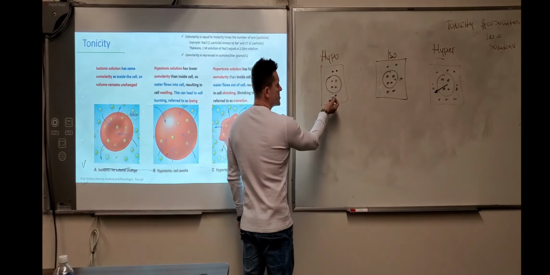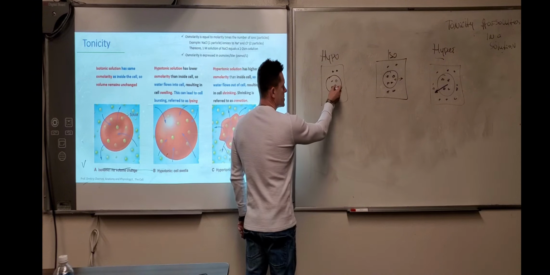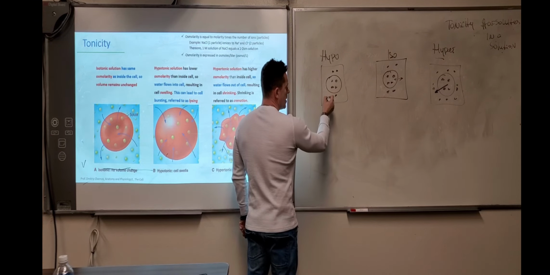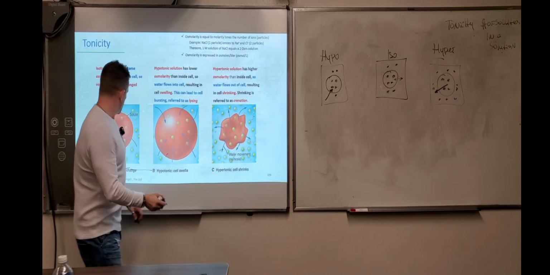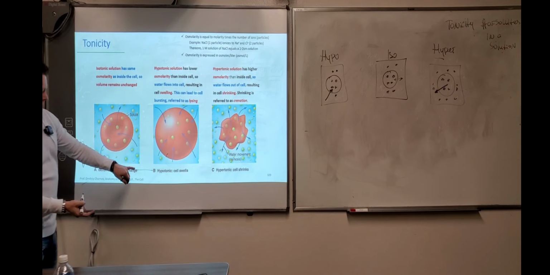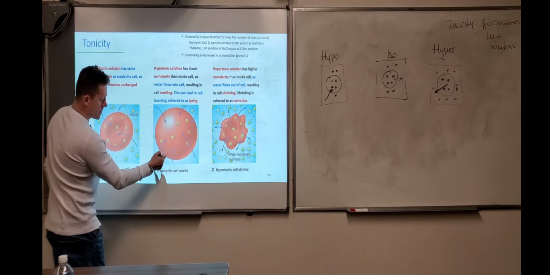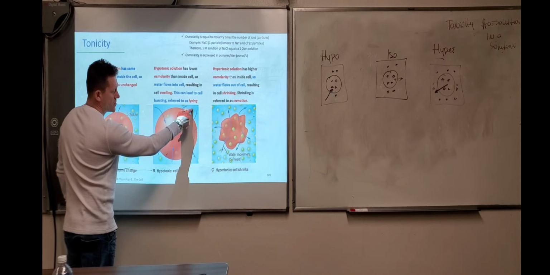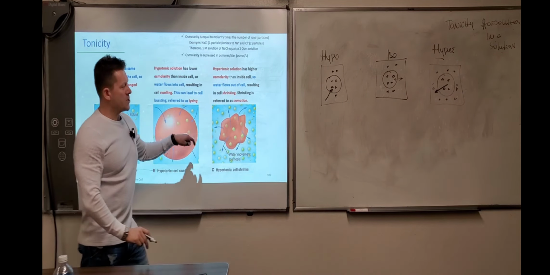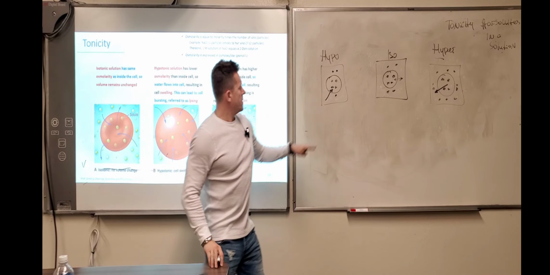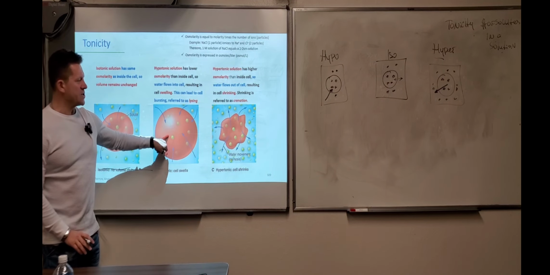Water moves towards highest concentration gradient of the solute. Where is the highest concentration gradient of a solute? Here, inside of the cell. So the water will enter the cell because there's less solutes outside, and water goes towards high concentration. In this case, compared to what's outside of the cell, there are more solutes inside of the cell.